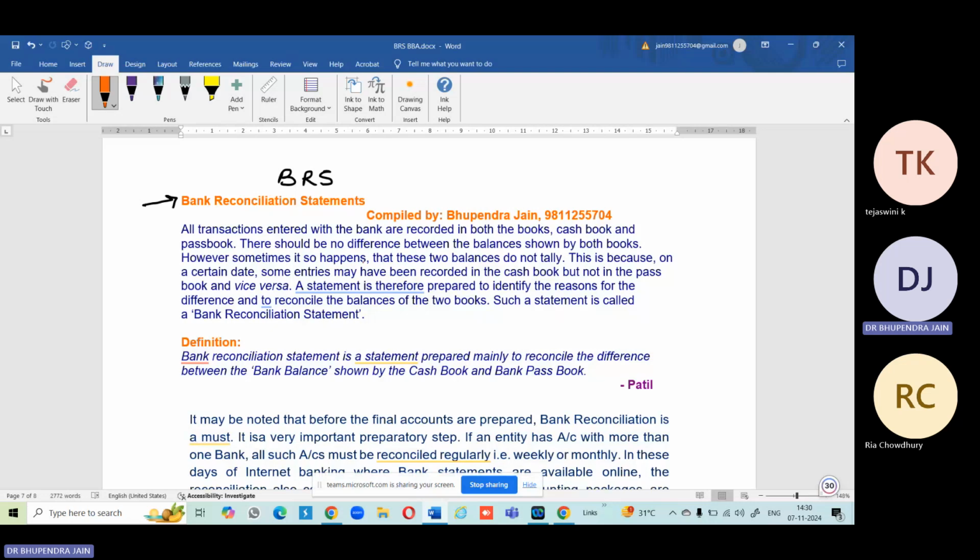So first, all transactions entered in the bank are recorded in both the books, cash book and the passbook.